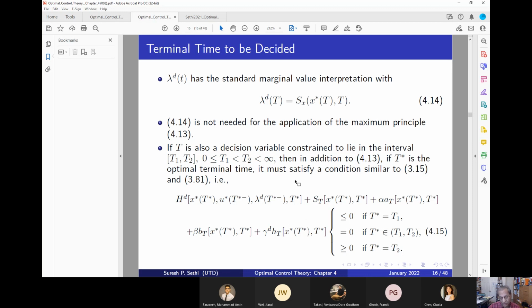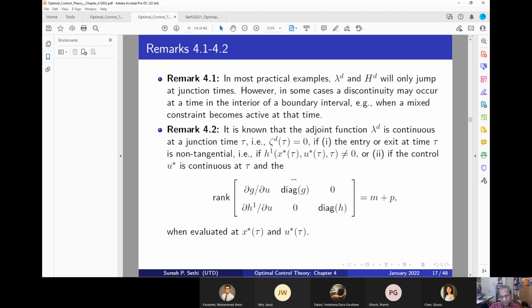Of course, there's a Hamiltonian, so you can still use the proof that I had. I'm again going to skip those. We are writing this for completeness of the book, but if you write a paper, you may have to verify them.